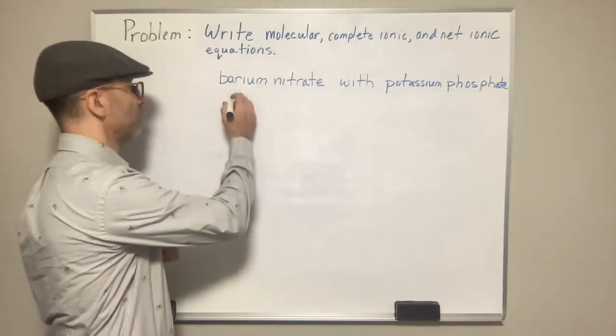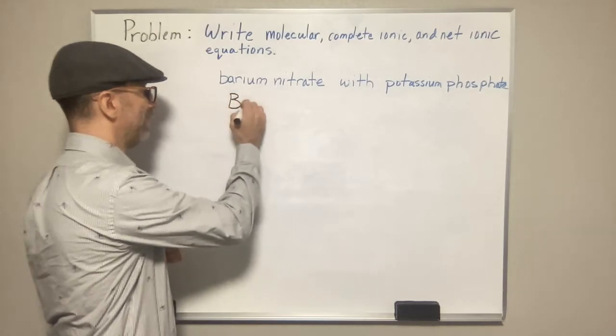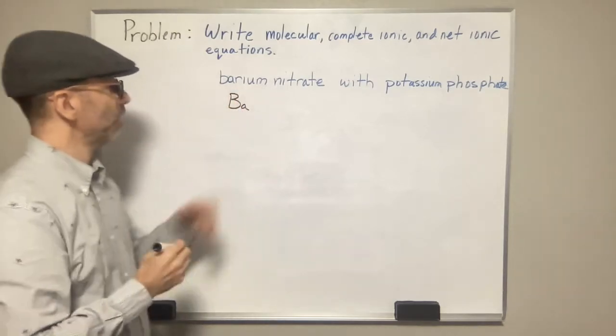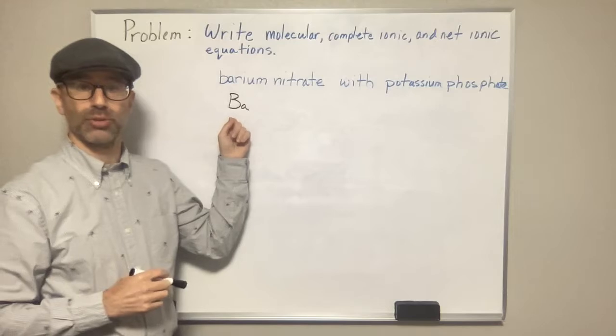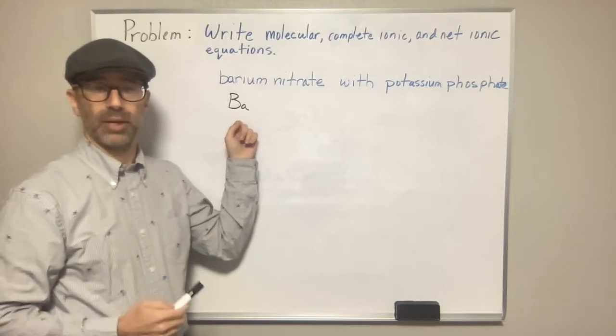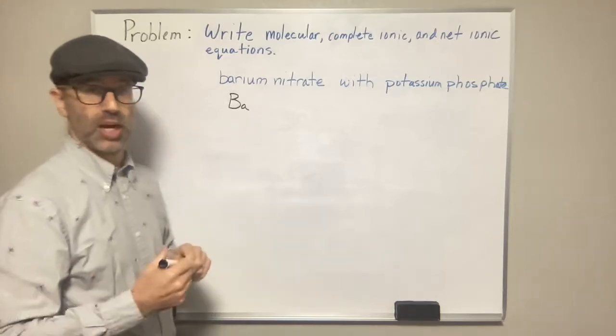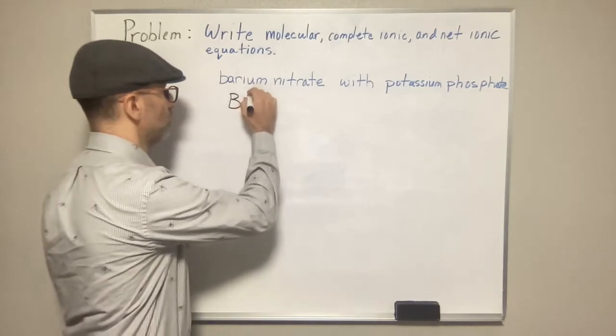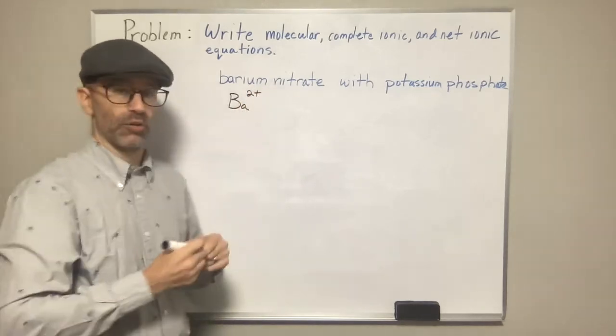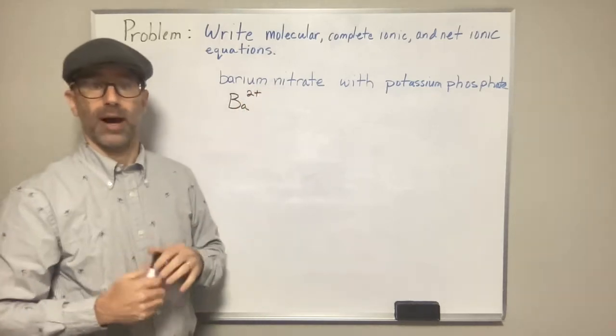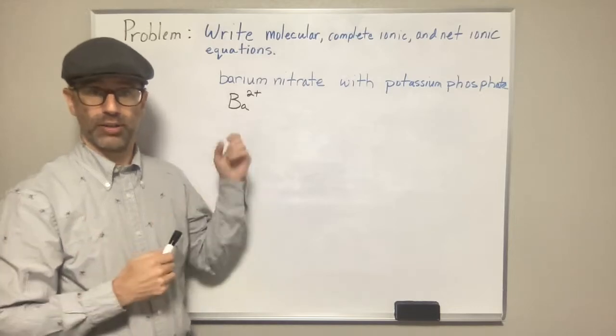So barium, that's Ba. Barium is in group 2, it's a group 2 element. That means the charge is going to be a +2. For those of you who don't know, there are two ways to figure out the charge.